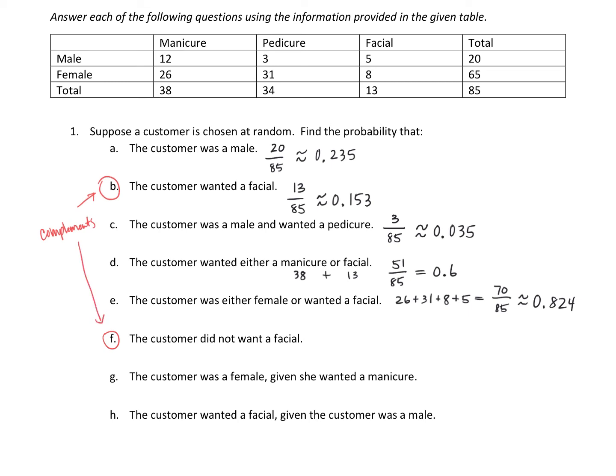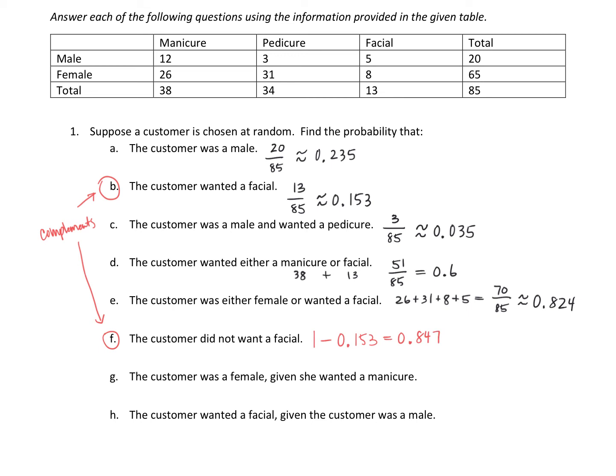So if we know that we have a complement, we can simply subtract that from 1. So if we do 1 minus 0.153, we will get 0.847.